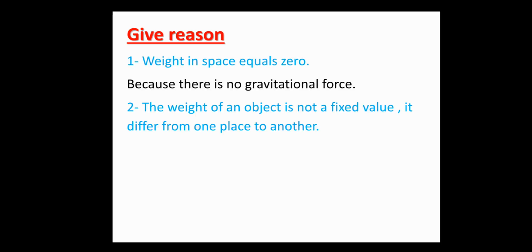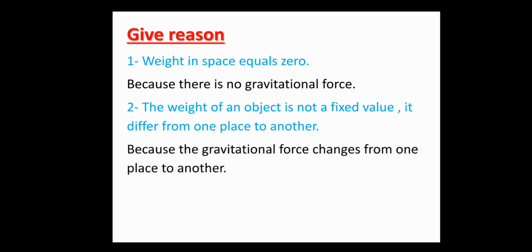Why? Because the gravitational force changes from one place to another. So the weight depends on the gravitational force, and as the gravitational force changes from one place to another, the weight will change from one place to another.